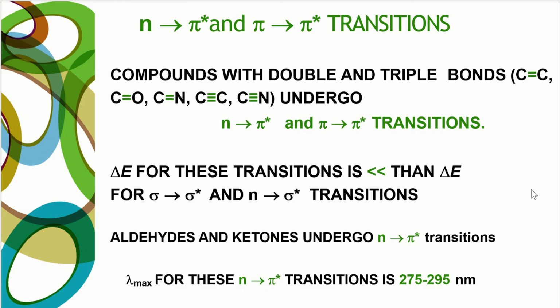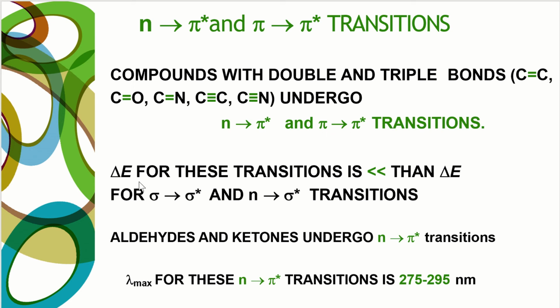All right. So continuing on, looking at the various lambda max for the various transitions, here we're looking at n to pi star and pi to pi star transitions. So compounds with double and triple bonds, as seen here, undergo n to pi star and pi to pi star transitions.